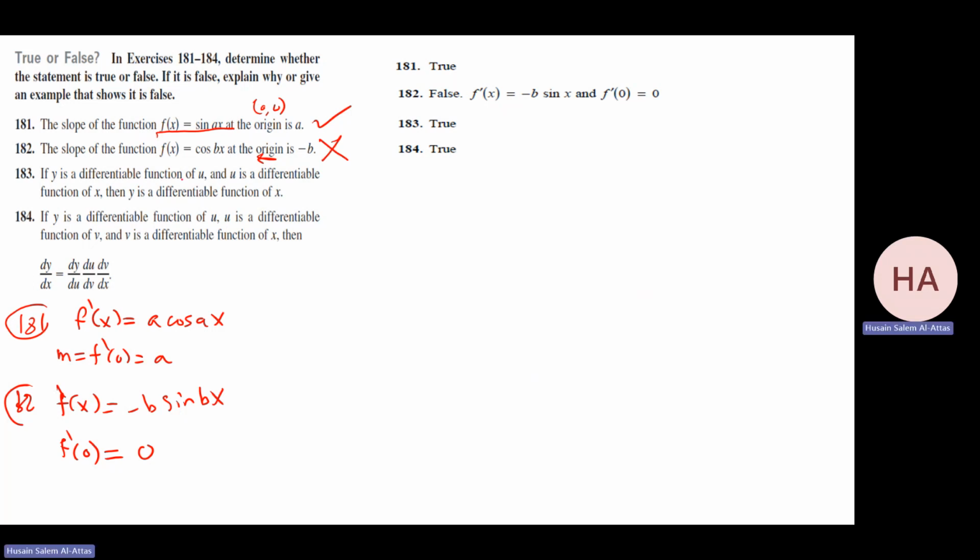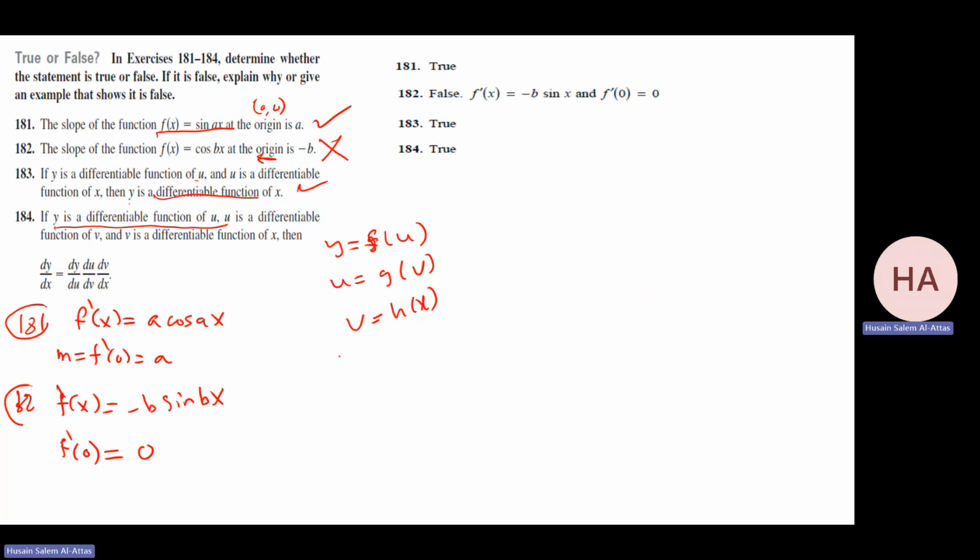If y is a differentiable function of u and u is a differentiable function of x, then y is a differentiable function of x. Yes, this is the chain rule. So this is true. And if I have three functions, we also did one: y is a function of u, f of u, and u is a function of v, and v is a function of x.